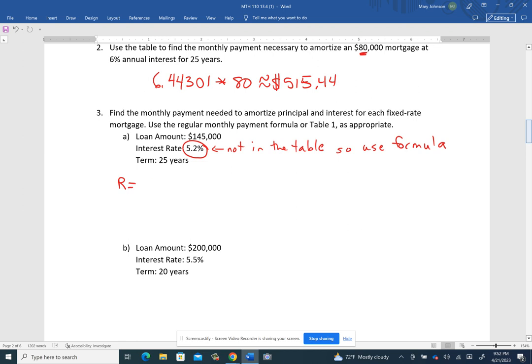Okay. So the formula had you take P times your interest rate divided by 12, okay, and then 1 minus 12 over 12 plus your R, and then that 12 over 12 plus R was raised to the 12t power, okay?